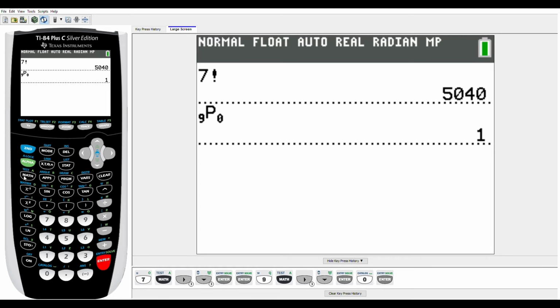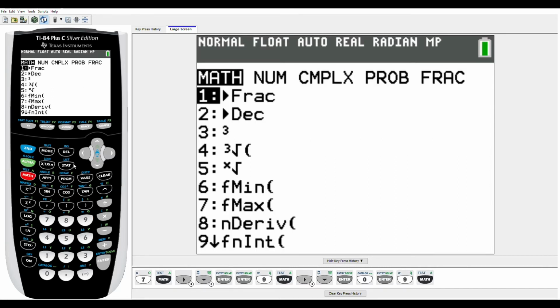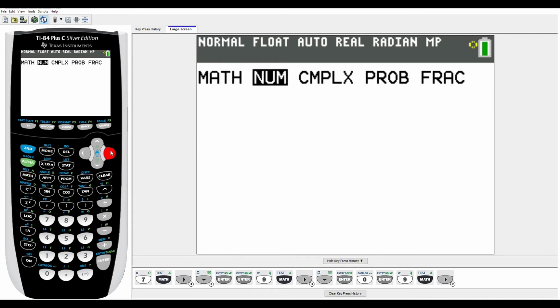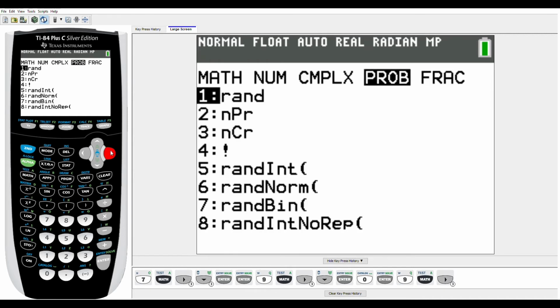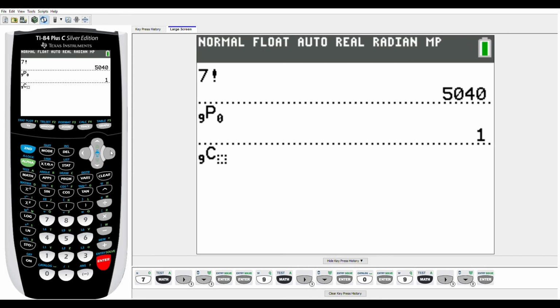For G, we're going to do exactly the same thing. I'm going to go ahead and type my first value, my N, and then I'm going to go to math. I'm going to go over to probability or PROB. Scroll down to nCr for combinations, and then select 0, which is the second value that we have. Enter, and then we also get our number.